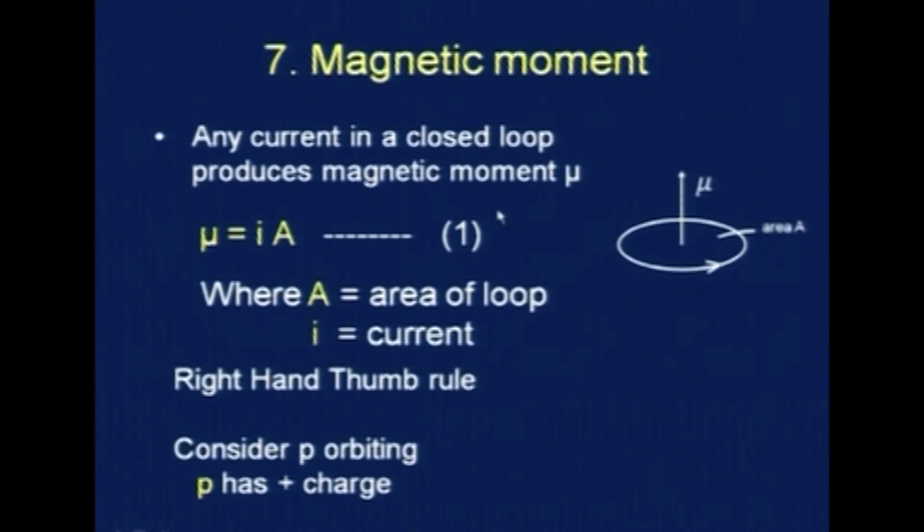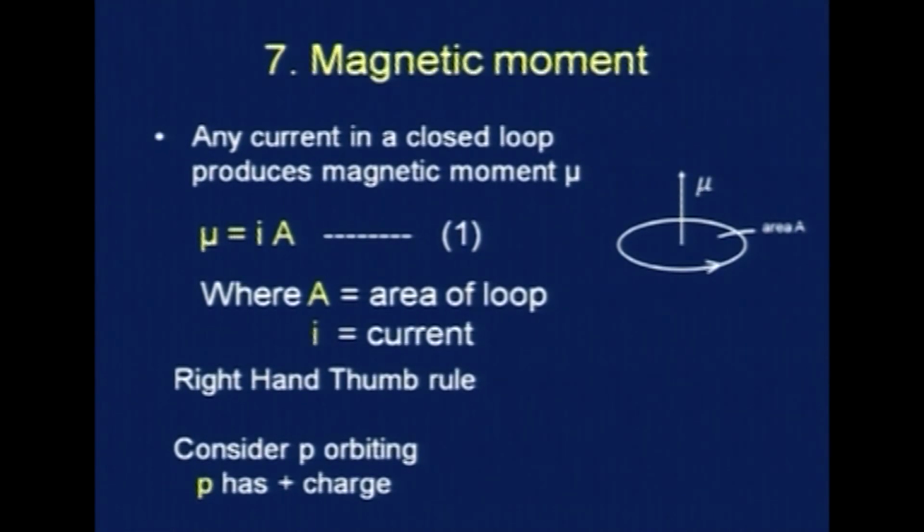So now we consider it is orbiting, as we showed, like a right hand thumb rule, in one direction. This will be the direction of magnetic moment. So it's like a thumb rule. We take it in this direction and this represents the thumb, and this is mu.